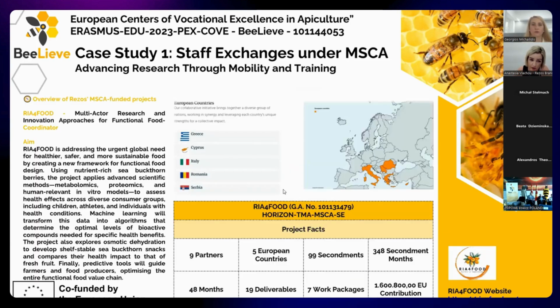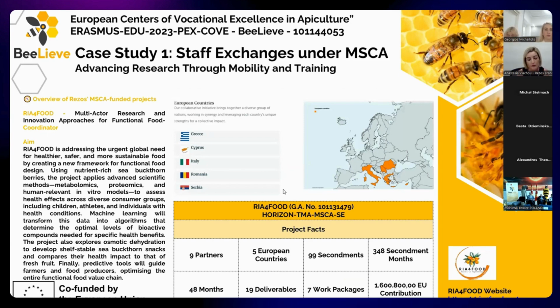So the second project is Rio for Food, which is a multi-actor research and innovation project for functional food. We are also coordinators of this project. And this project is about the design of functional foods using sea buckthorn berries. We use advanced methods like metabolomics and in vitro models to analyze health benefits.